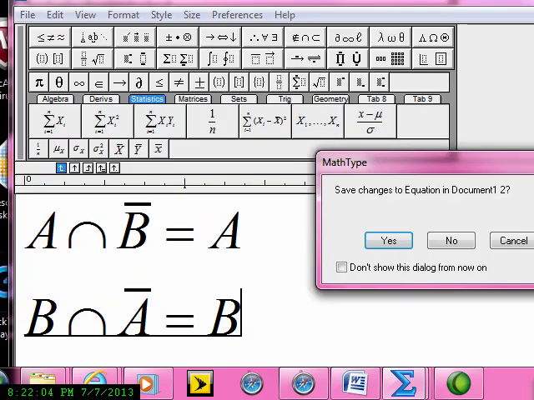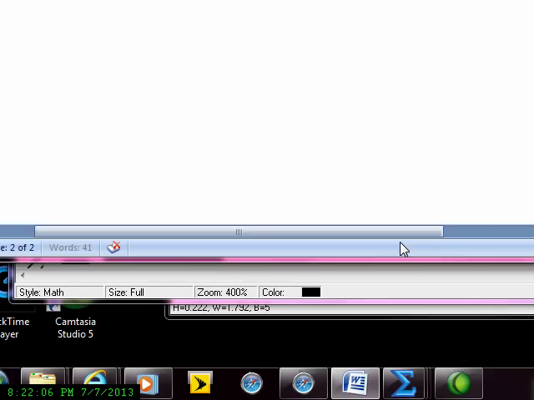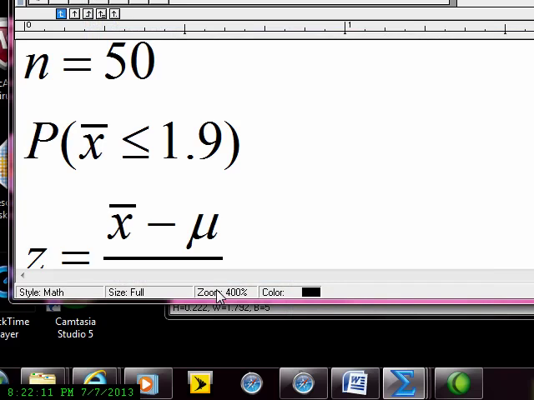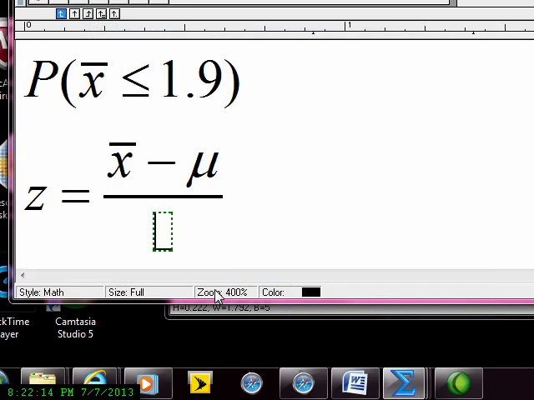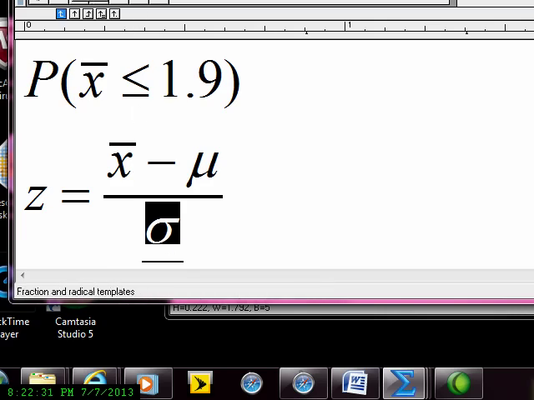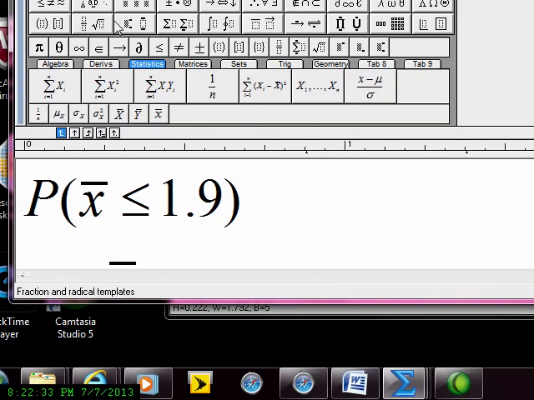Let me close this because that's distracting for me. Okay. There we go. All right, divided by sigma over the square root of n. It's been a lot easier to write this in. But that's okay. Over the square root of n.